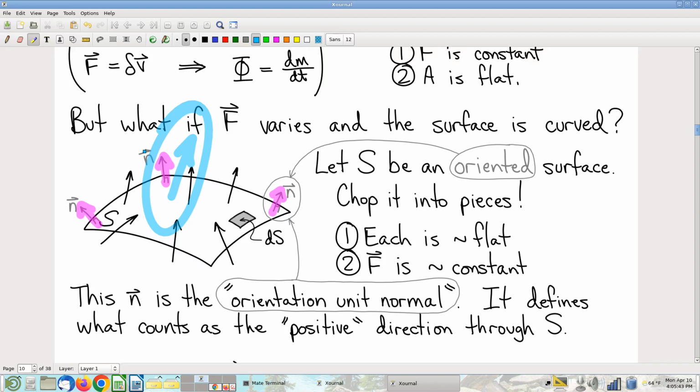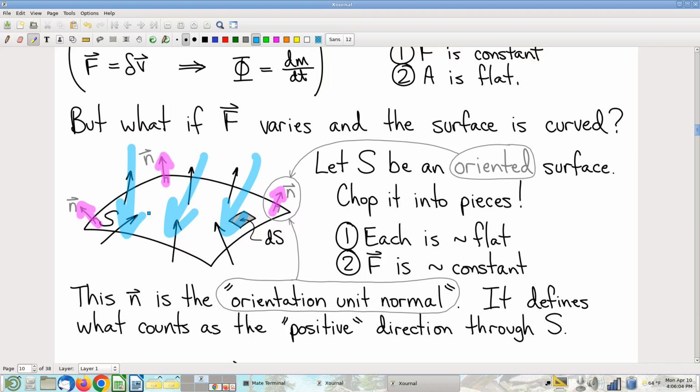On the other hand, if the flow were going the other way, if the flow were like this, the dot products between the normal vector and the field vector are going to be negative. Those vectors are going somewhat opposite-ish directions.